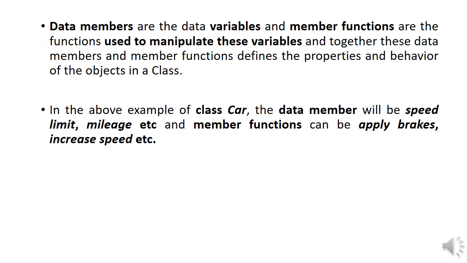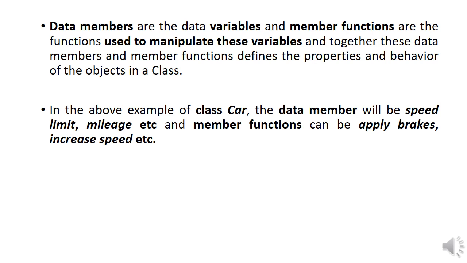As I told you earlier, a class holds data members and member functions. The data members are the data variables, or simply variables, and member functions are the functions that are used to manipulate these variables. These data members and member functions together define the properties and behavior of the object in a class.